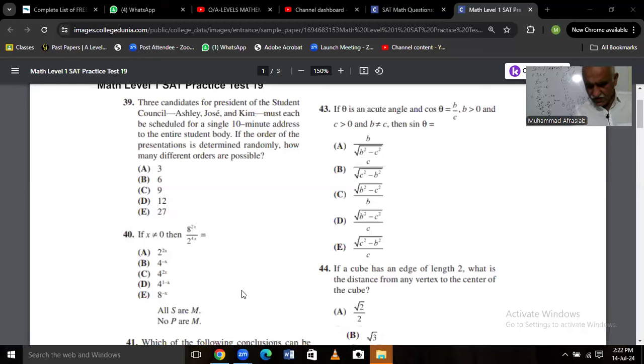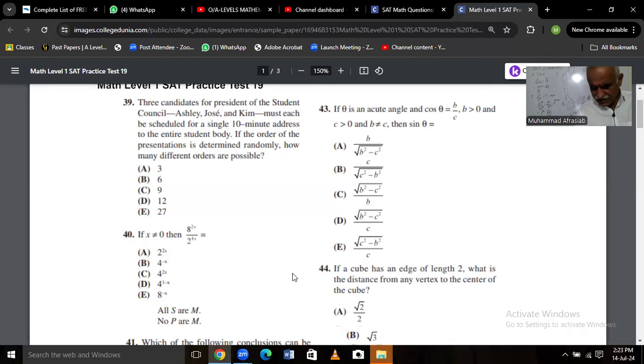So it is the square root of c square minus b square over c. So that is the answer of this question. E choice is the right choice for question number 5.